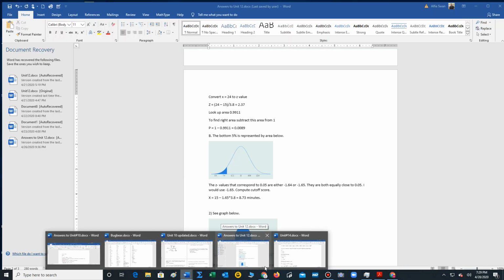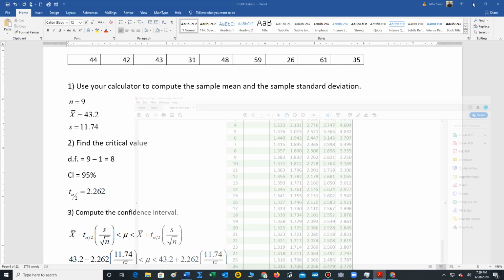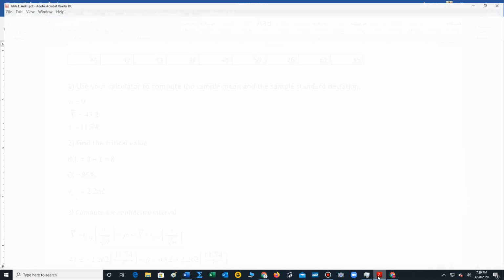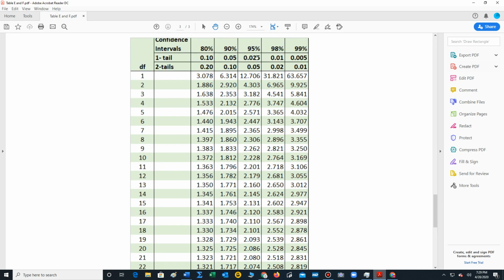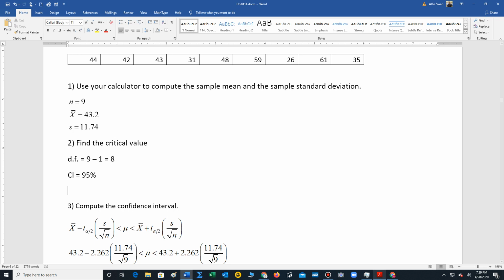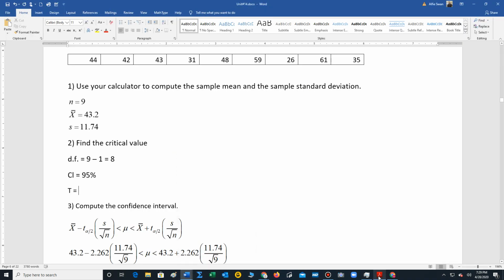The confidence level was 95%. So 95%, go down to 8, should be 2.306. So that means our t value should be 2.306.